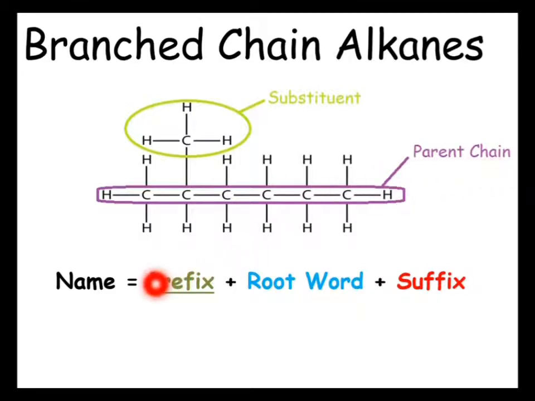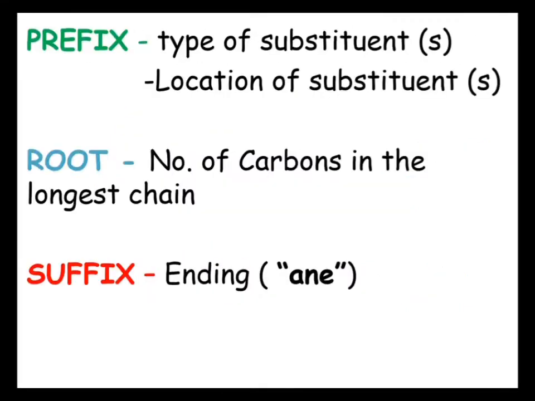So that is the reason why we have a prefix here. The prefix will tell us the type of substituent that we have, and it will also tell us the location of the substituent in the parent chain. Our root word will depend on the number of carbon atoms in the longest chain, the parent chain.